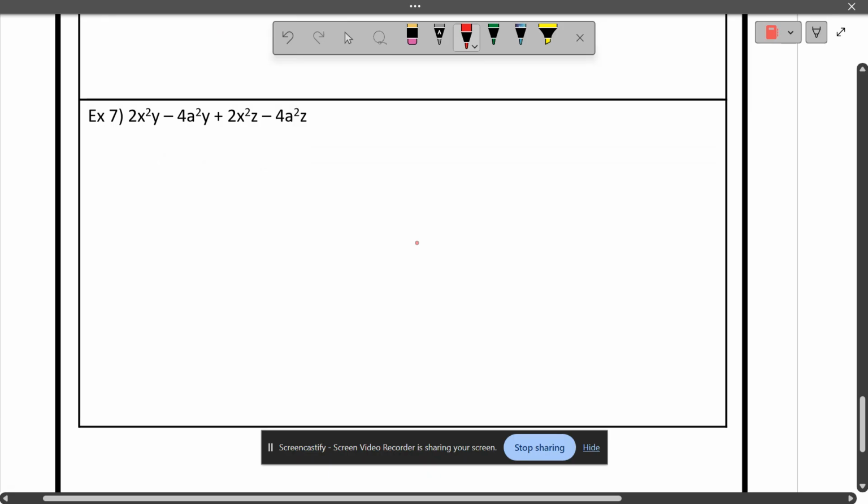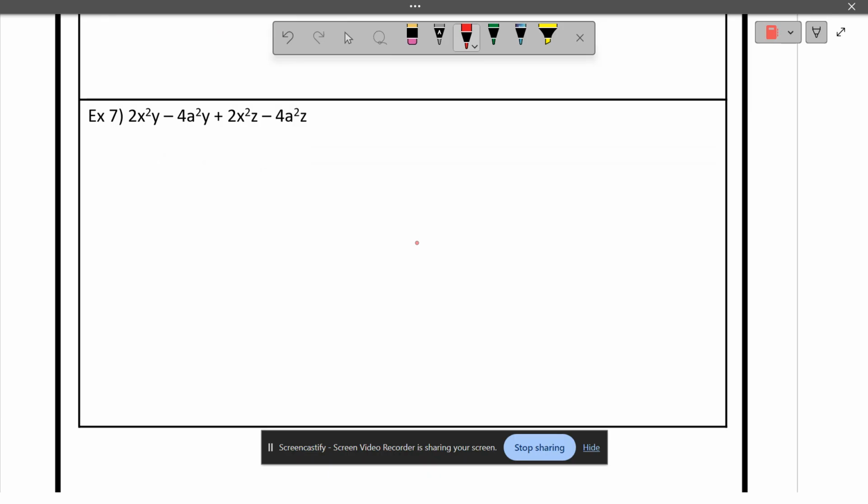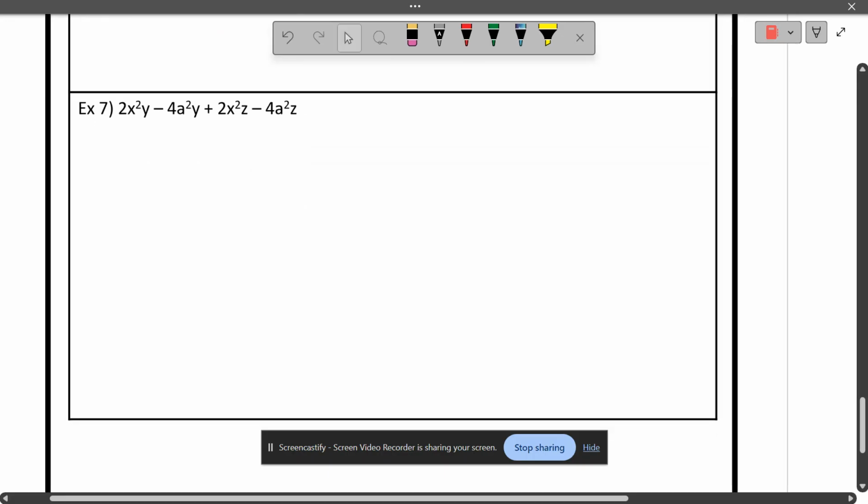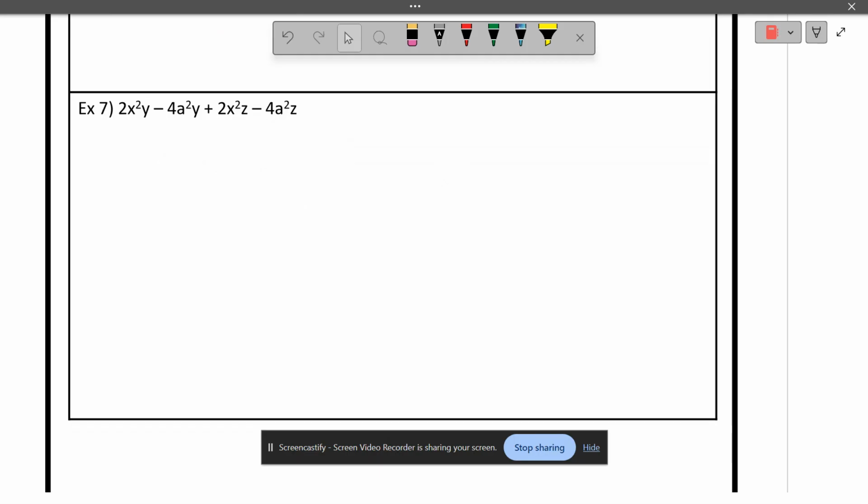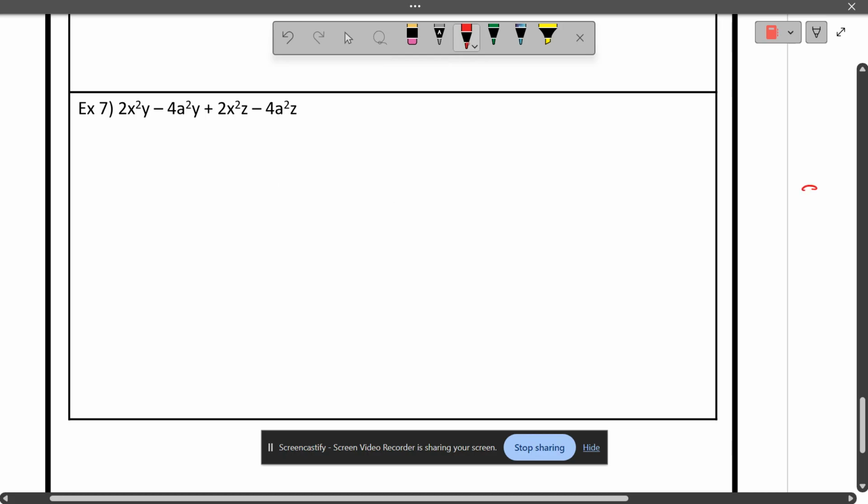All right, and our last example here, you can find a GCF first. I'm going to show you, if you don't, what happens, which is totally fine. You just have to make sure at the very end that you do end up pulling out a GCF. All right, so for the first 2 terms, last 2 terms, looks like 2y. 2y.